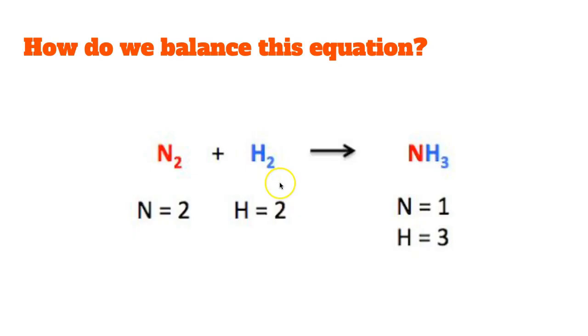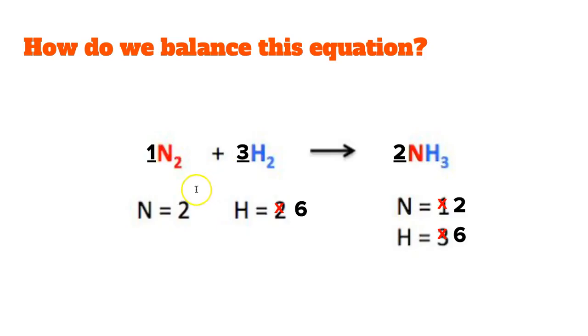This is essentially what we do. In order to balance this formula, we put a 2 in front of the NH3, and if we do the multiplication, we're going to have 2 nitrogens and 6 hydrogens over here.